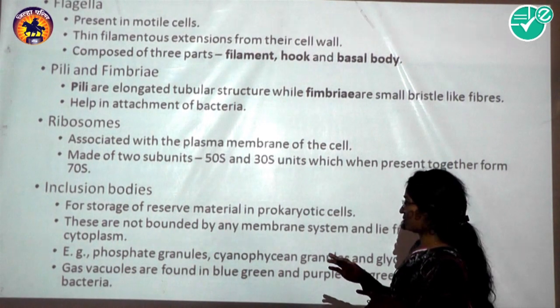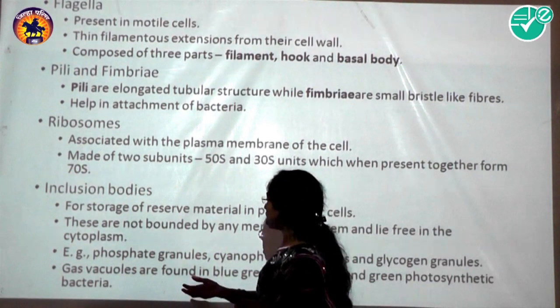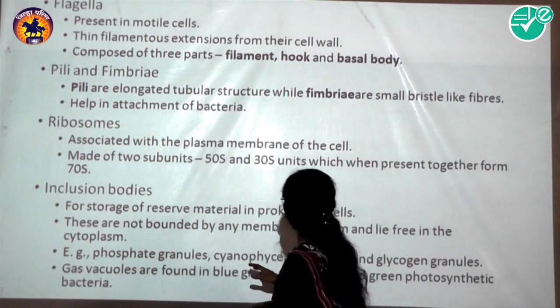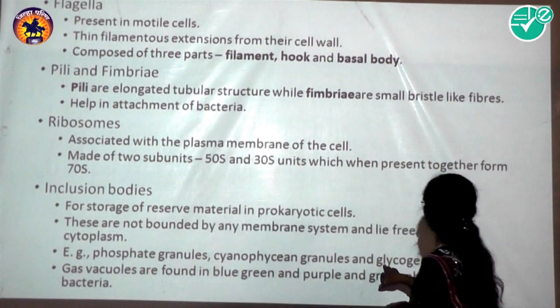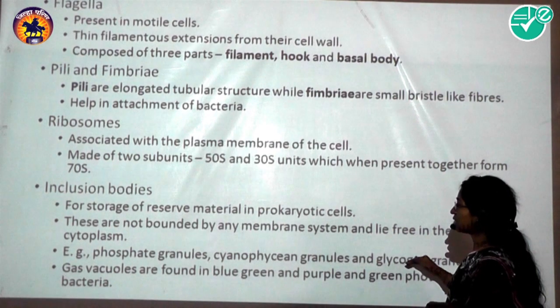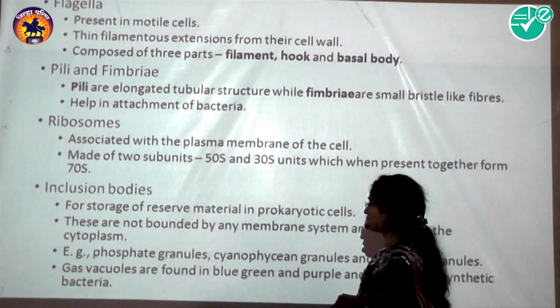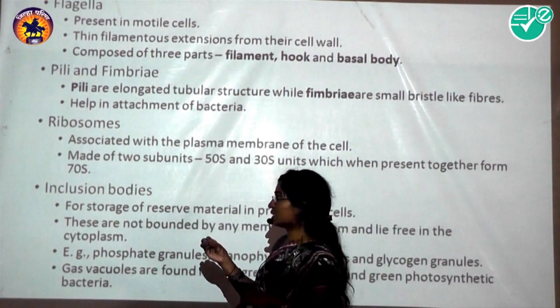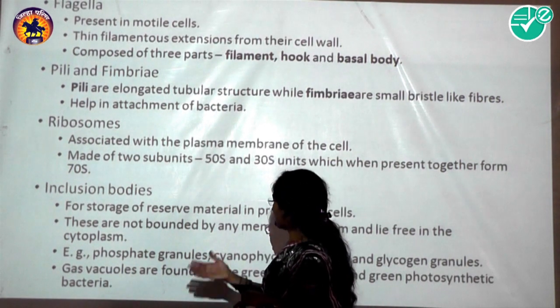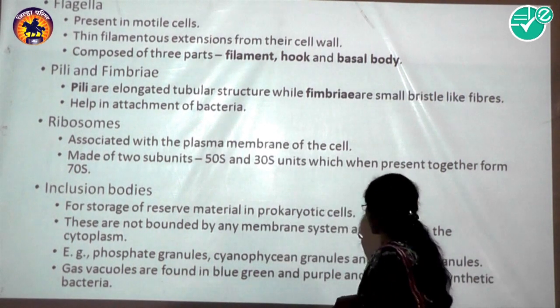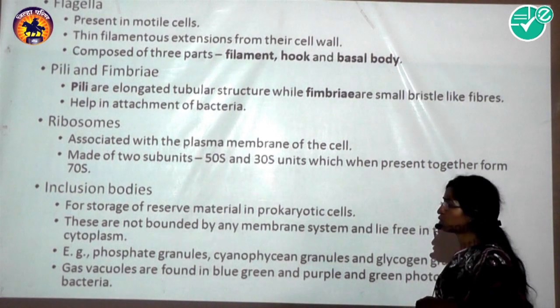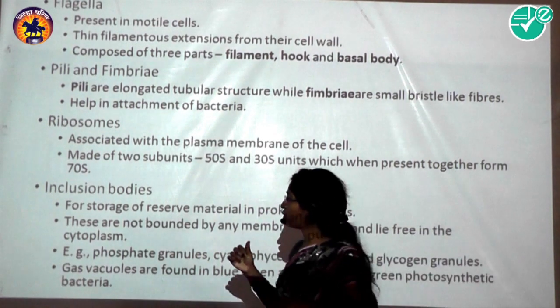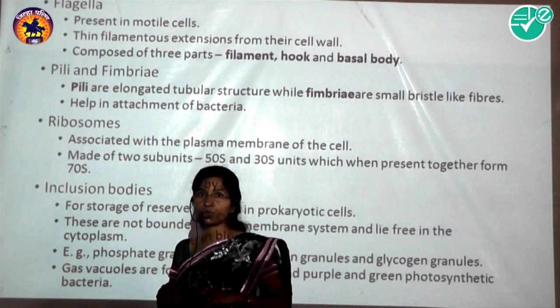They store glycogen and starch, which are organic inclusions. Sulfur and phosphate are included in the inorganic inclusions.